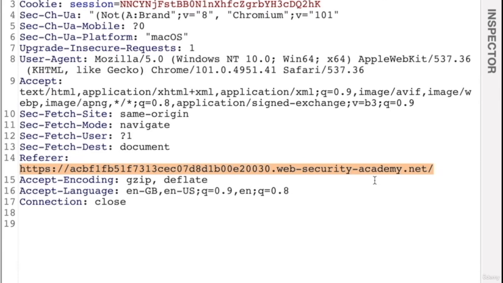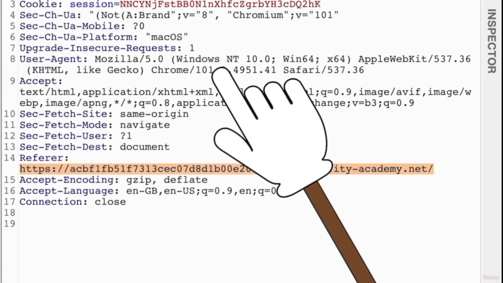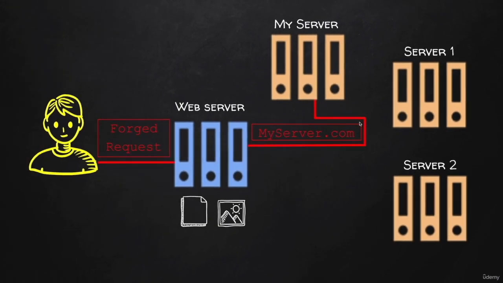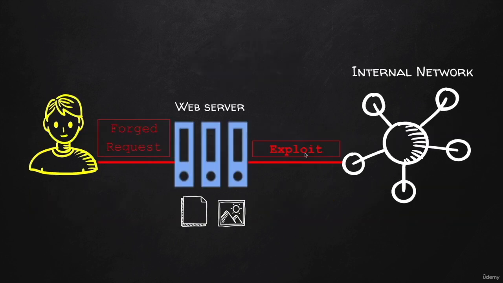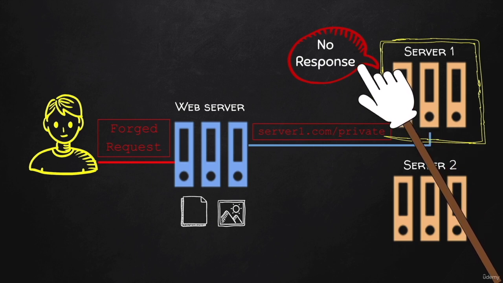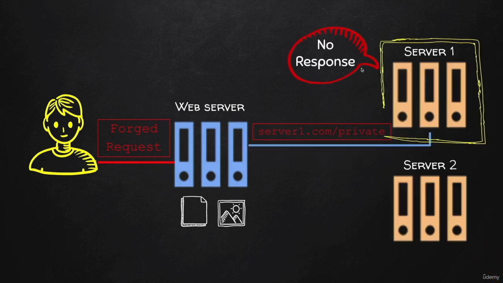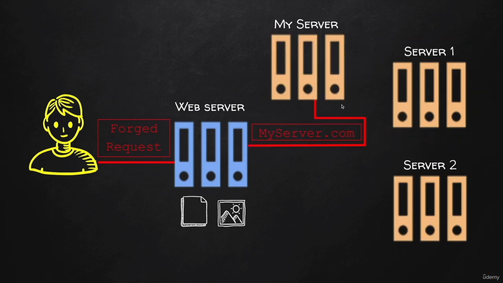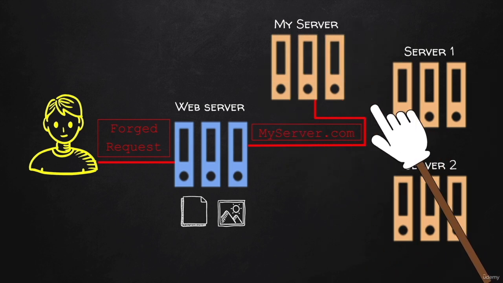I'm not going to show them right now because I don't want to waste your time, but none of them will appear to work, even though they're actually working. This is an example of a blind SSRF vulnerability. When you send it a request like this, it's going to send it to wherever you want, but it's not going to send you a response. Therefore, we're going to have to modify that to the location of a server that we own.